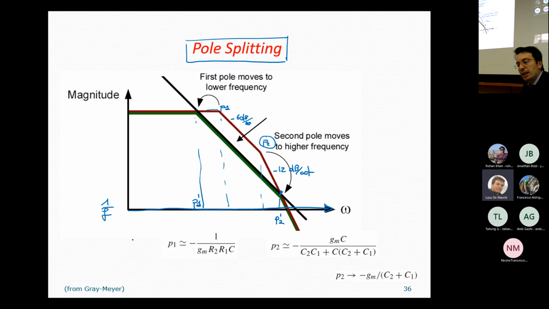Please remember that poles should be negative. Therefore, we can consider the fact that p1 can be written as minus the modulus of p1.